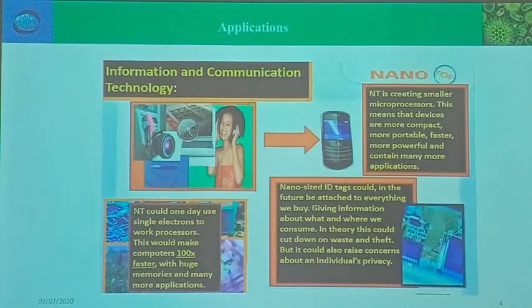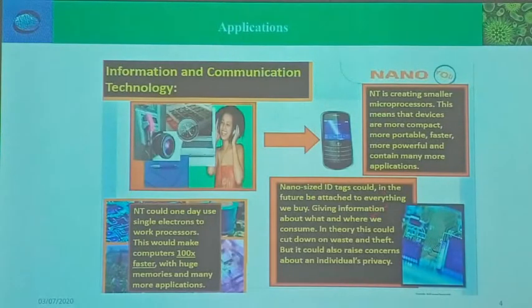This is a miniaturization of size, and for this you need to miniaturize the internal device systems, microprocessors, and other electronic components, which comes under the nano electronics concept. Nanotechnology could one day use a single electron to work a processor. This would make computers 100 times faster with huge memories and many more applications. That's the beauty of nano electronics.